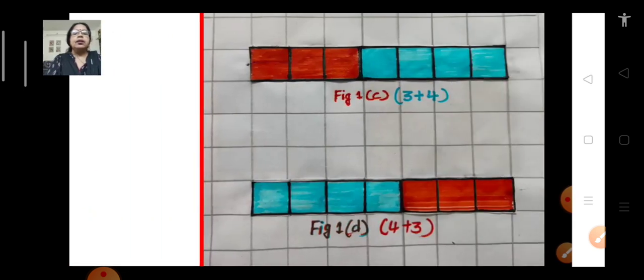These are the strips that are stuck on the left side page of the activity book, that is figure 1c and figure 1d. They represent 3 plus 4 and 4 plus 3.